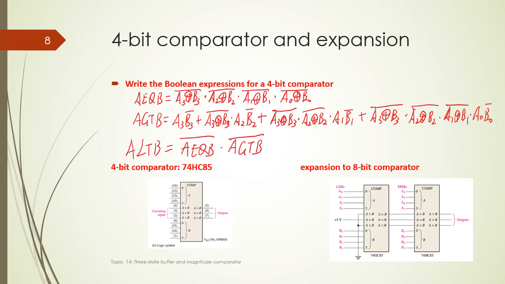Very simple, right? You can keep doing this for 8-bit, 16-bit, but for the 4-bit, we have some standard modules. So if we fabricate those logic gates in a single microchip, we get this 4-bit comparator module, and this module can be cascaded to 8-bit or 12-bit, 16-bit, as many as you want.